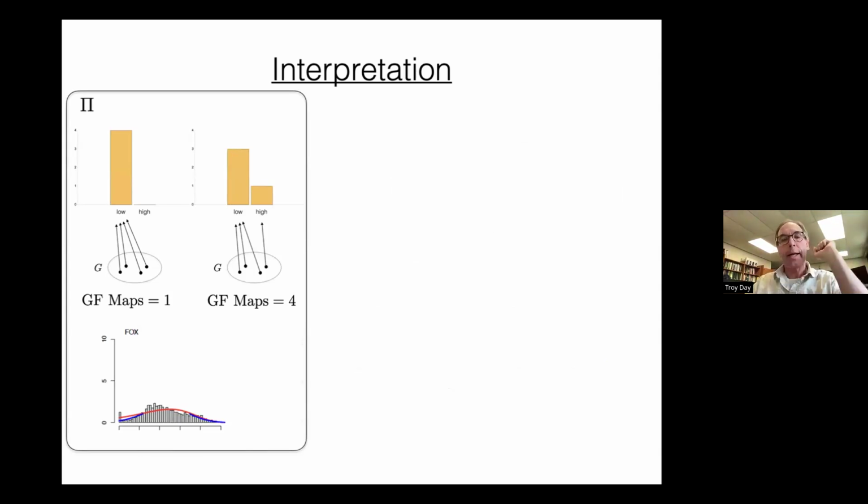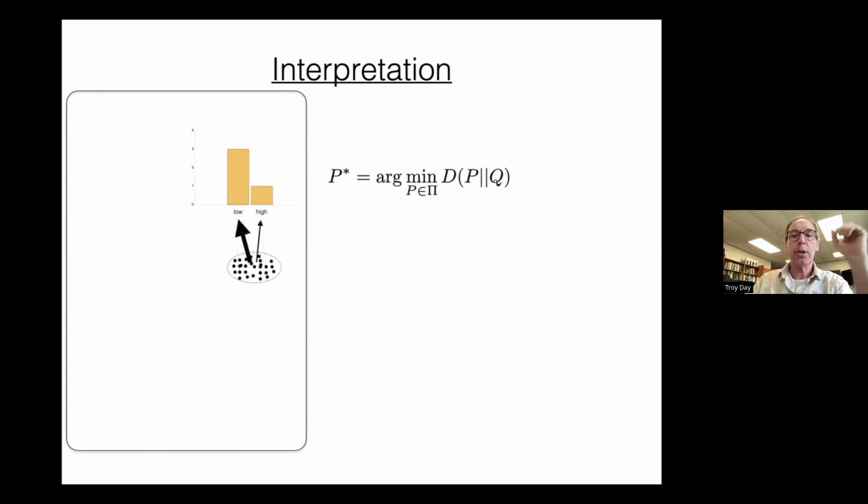When n gets large, everything concentrates on one particular DFE. There are lots of different genotype fitness maps that produce that DFE, and that's why everything concentrates on that particular one. It's the DFE given by this expression, the one that minimizes this KL distance from all possibilities in that subset to this distribution Q.